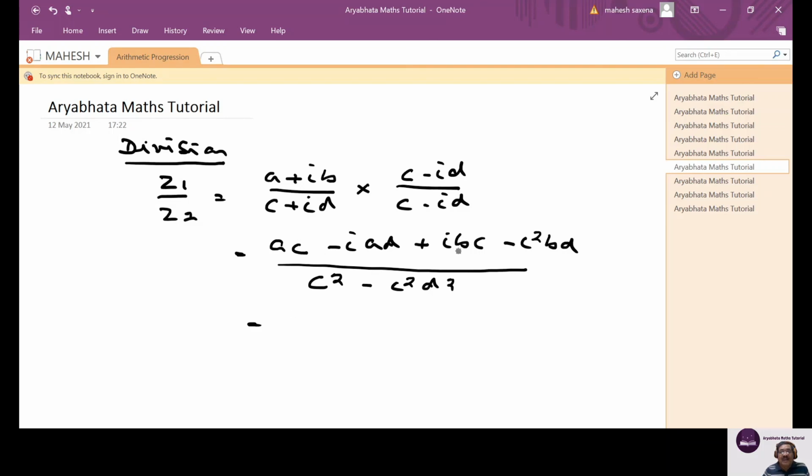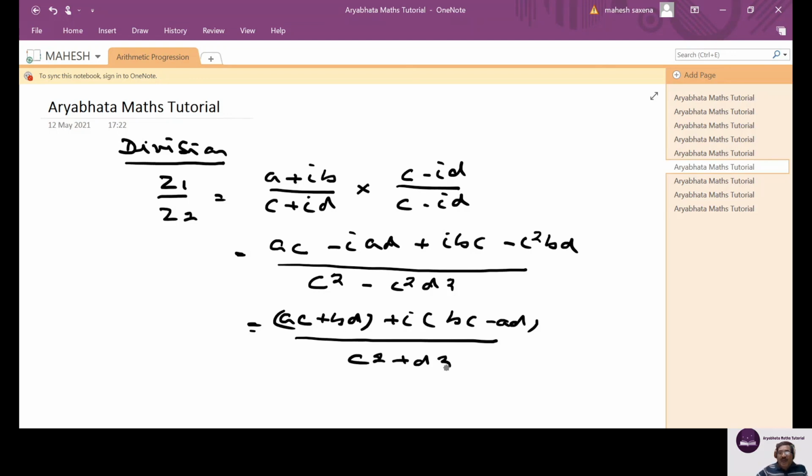Therefore, in this i square will become minus 1, so minus minus plus 1, that is ac plus bd. Again, in these two terms, we will take i common. Therefore, it is plus i into bc minus ad, upon c square plus d square.